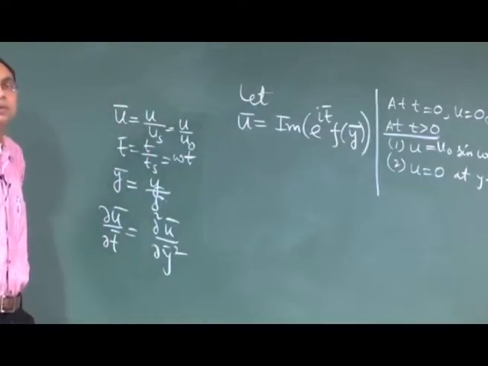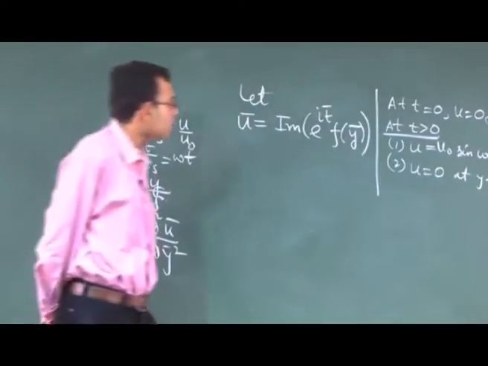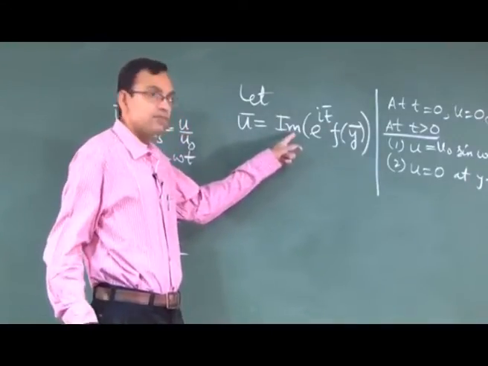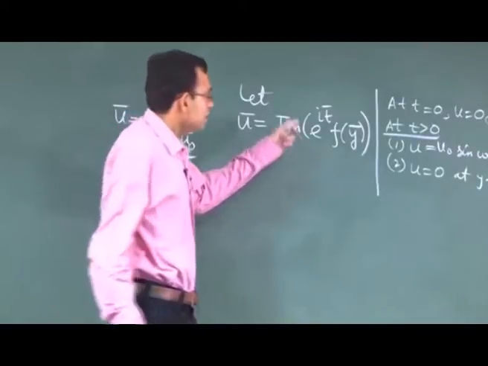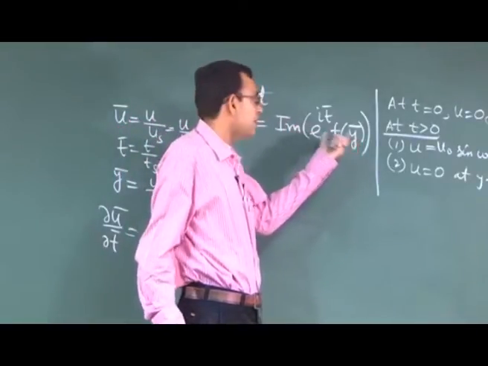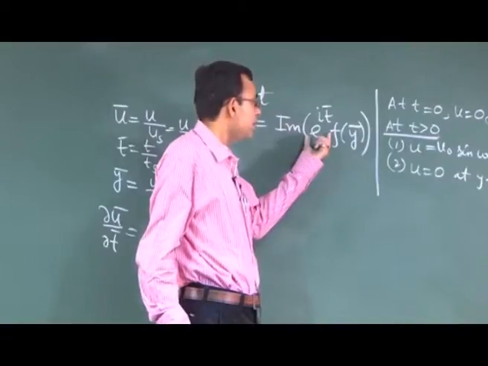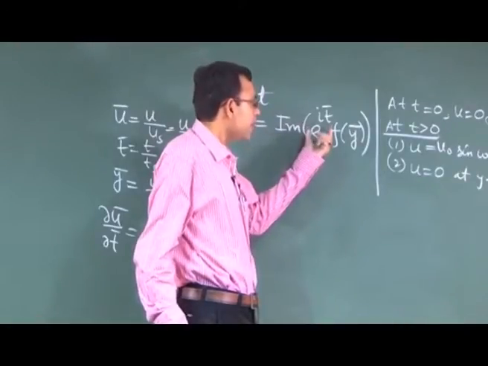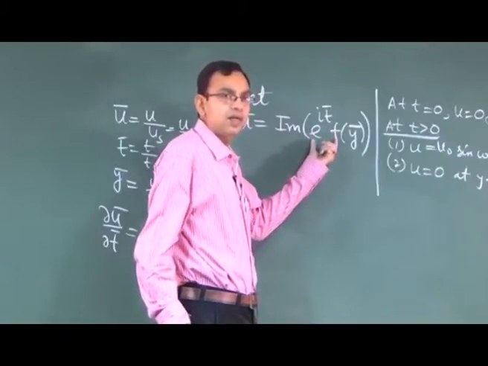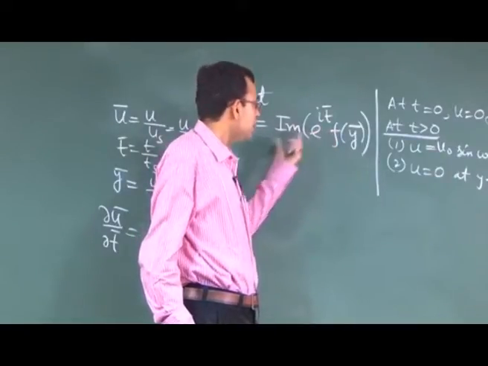Now, there is a logic behind this, it is not that arbitrary we take this. Im is imaginary. See, this is a time dependent component, this is a position dependent component. Why is the time dependent component e to the power it? Because e to the power it is a combination of cosine and sine. Why the imaginary component?